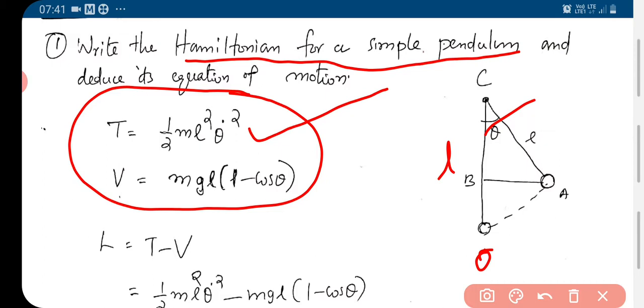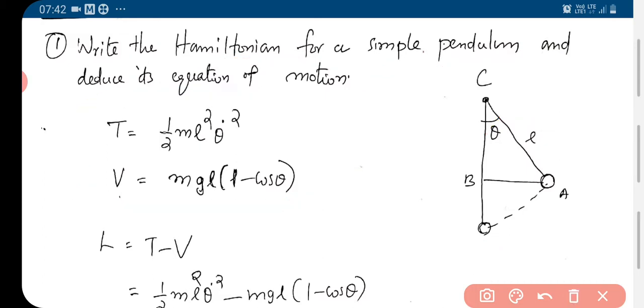And the potential energy is mgl(1 minus cos theta) with respect to this equilibrium position. So this is the kinetic energy and this is the potential energy.